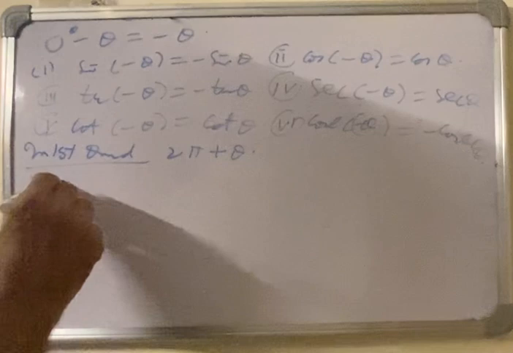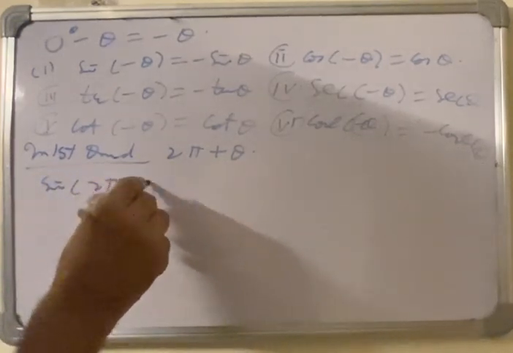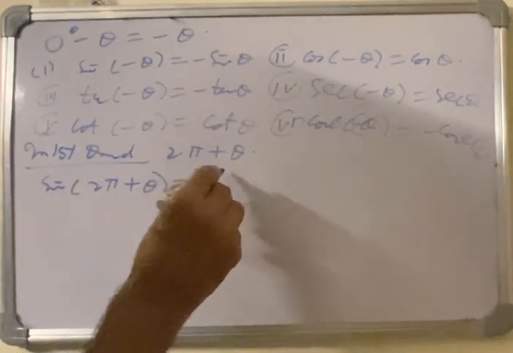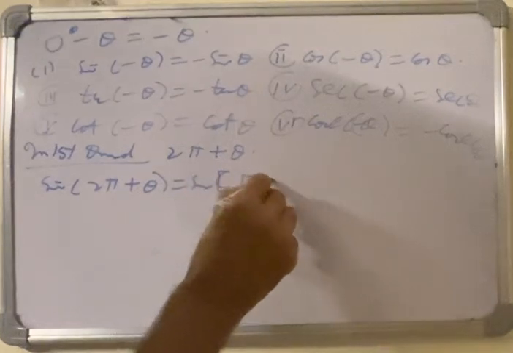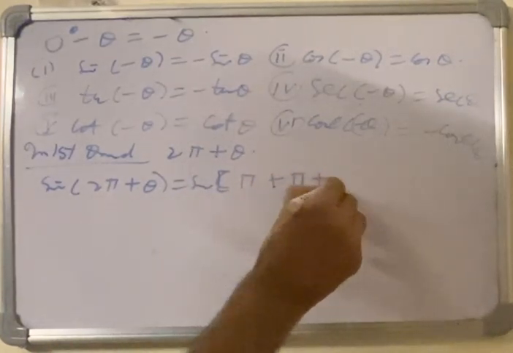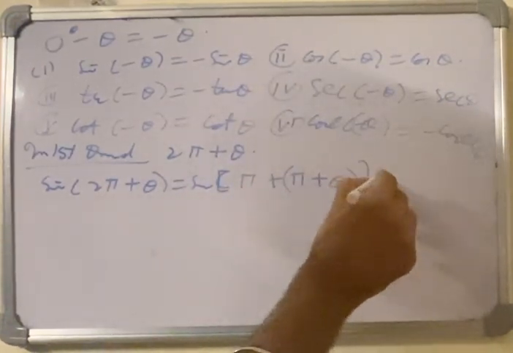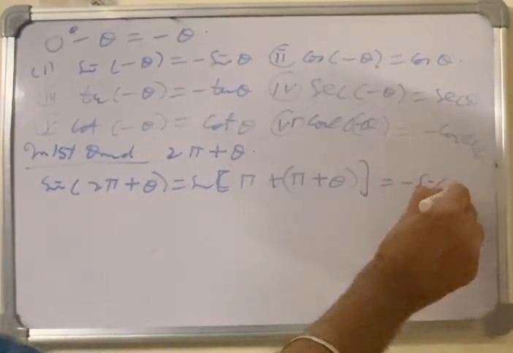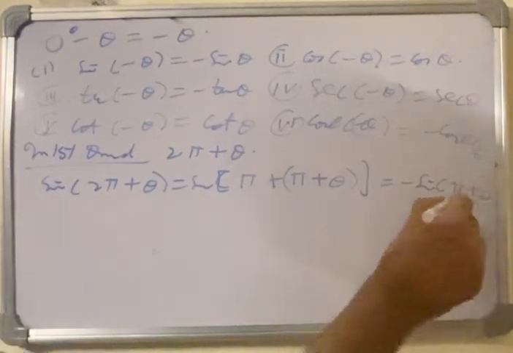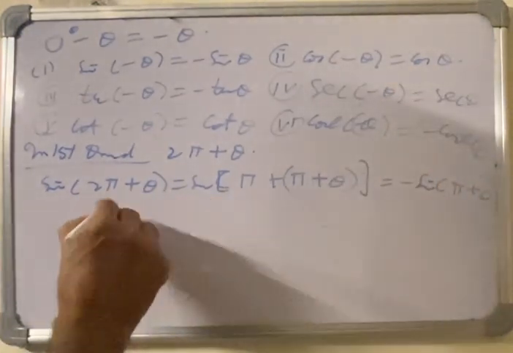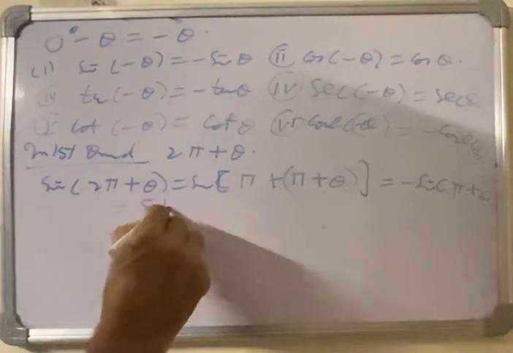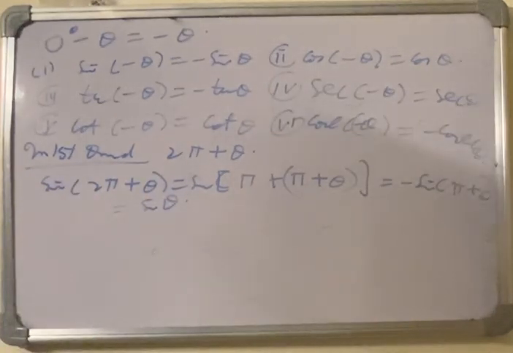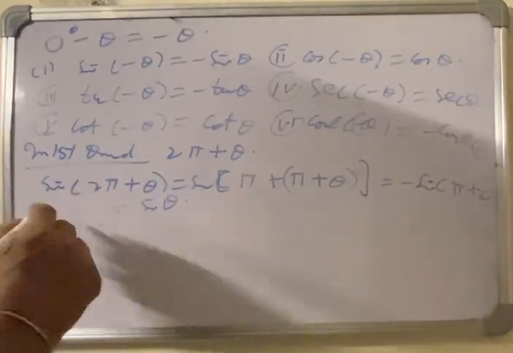So sine 2 pi plus theta is equal to sine pi plus theta. It is minus sine theta, because sine pi plus theta, again in third quadrant it is minus sine theta. So sine remains sine.